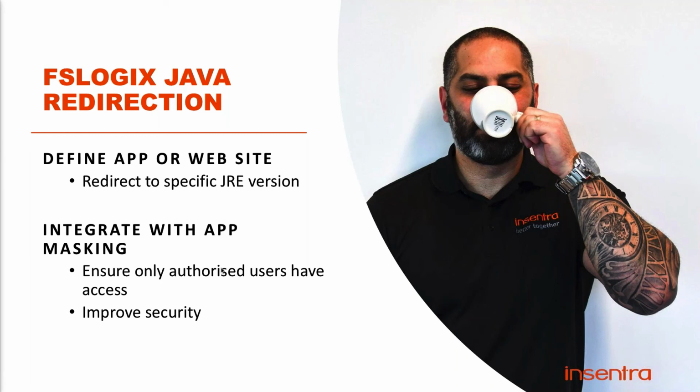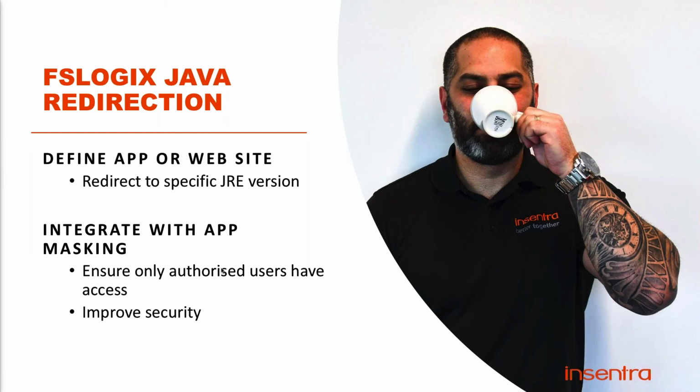That application may be a website, a web application, or it may be even a local Java application. Either way, we can define our target application and define the version of the JRE that we want that application to use. So when that application starts, it will leverage the version of the JRE that it actually expects.